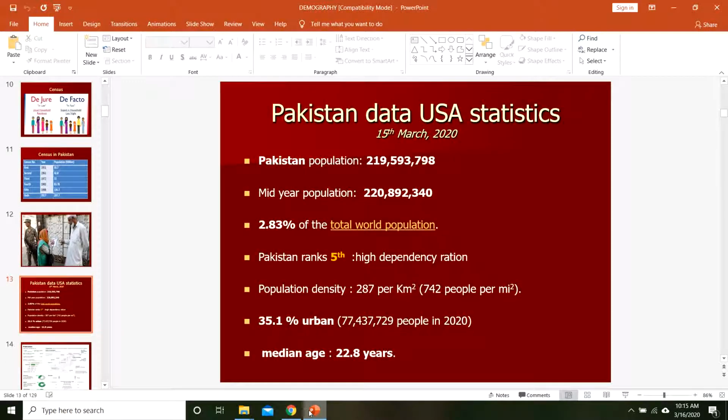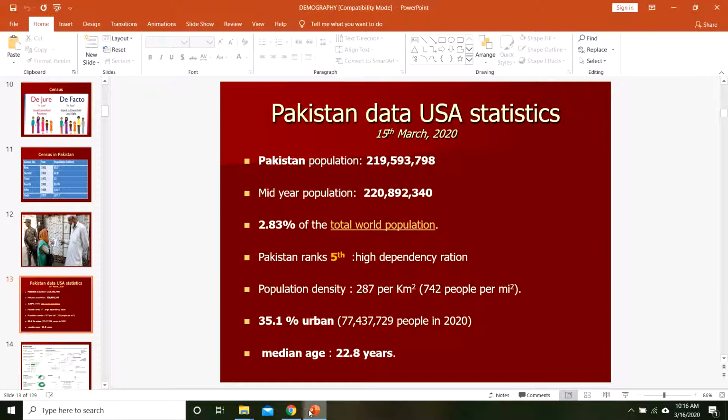There are other surveys which are conducted, and a recent survey which published its report on 15th March 2020 showed that Pakistan's current population at 15 March 2020 is 219 million. The mid-year population will be 220 million.